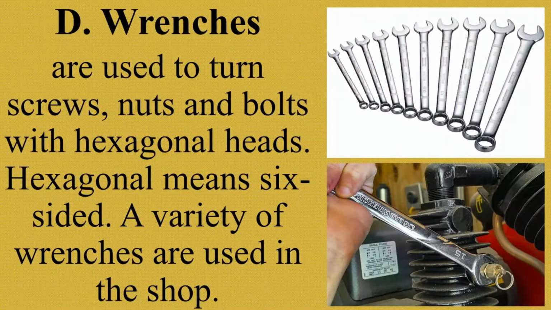Ito yung ginagamit upang higpitan at luwangan yung mga malalaking tornilyo, screws, nuts, and bolts ng mga gulong ng sasakyan. At yung mga tubo na ating nakikita, ito yung suitable na kagamitan na maaari nating gamitin para dyan. Alright? Wrench. Next.